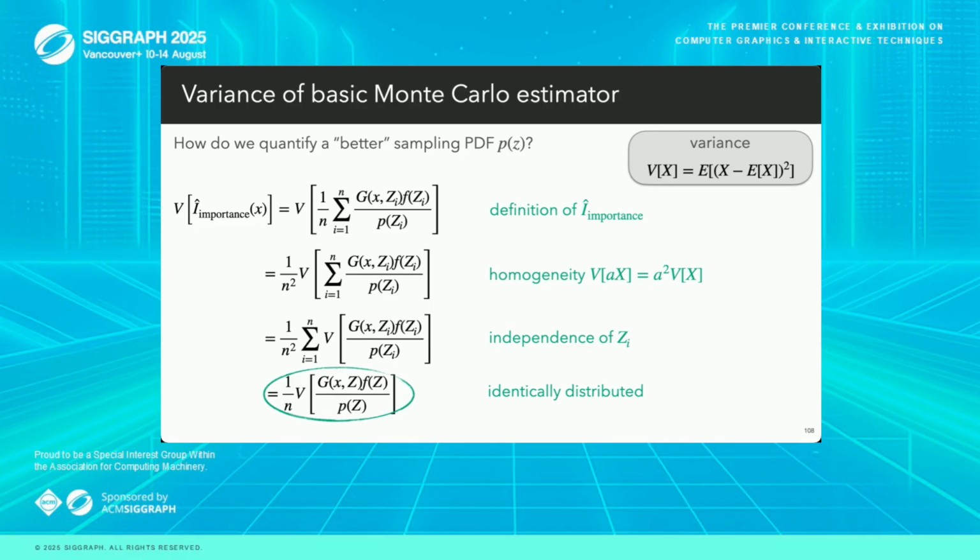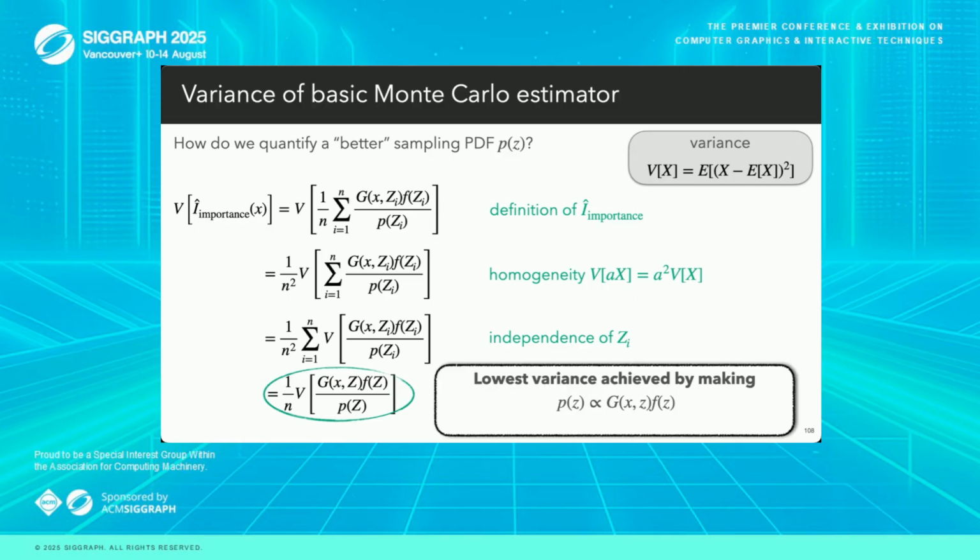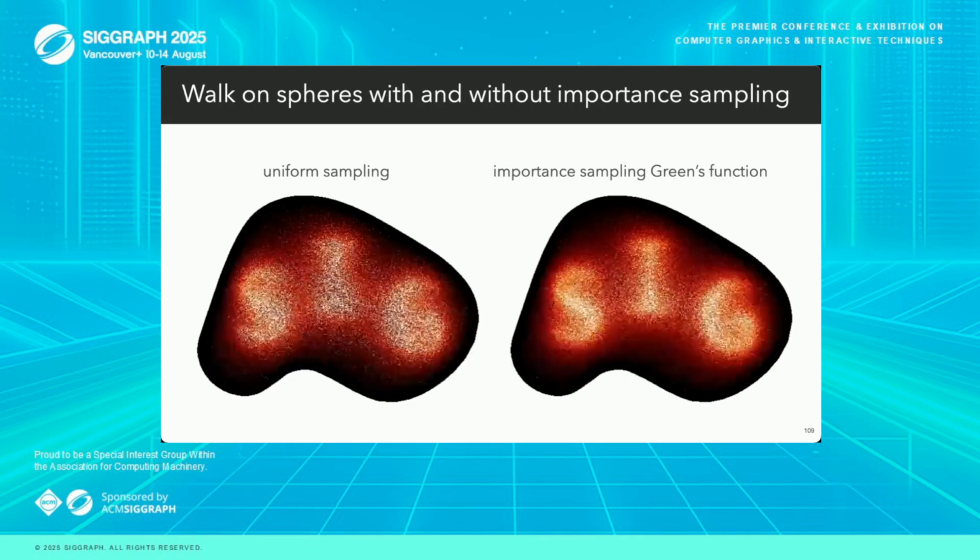So we can reduce variance by taking more samples or by evaluating samples more quickly. But aside from just throwing more samples at this problem, really the only other lever that we have here is to take more intelligent samples. So we want to sample from a distribution P which approximates the integrand. And if we do so, we'll achieve a sort of optimal estimator in some sense.